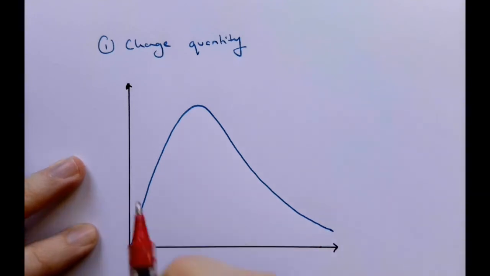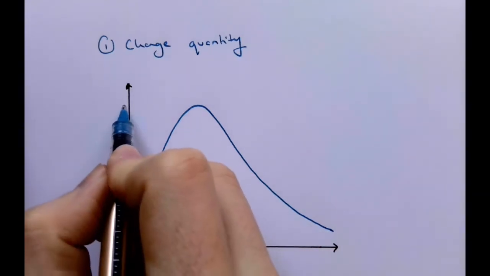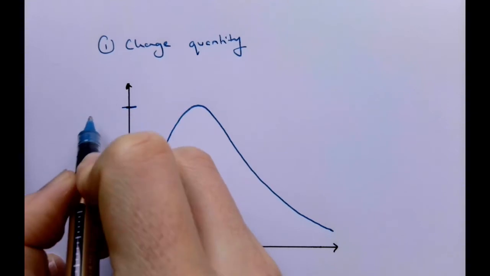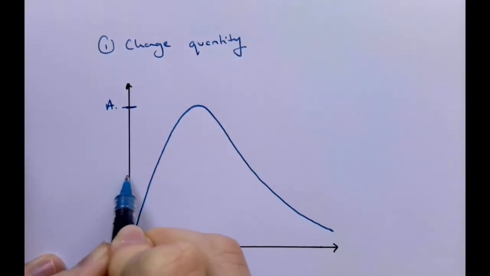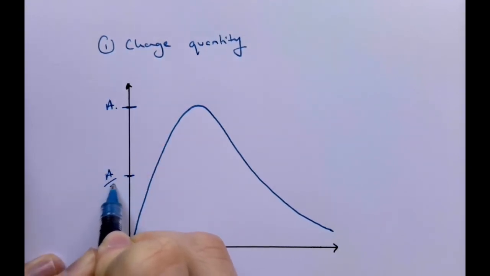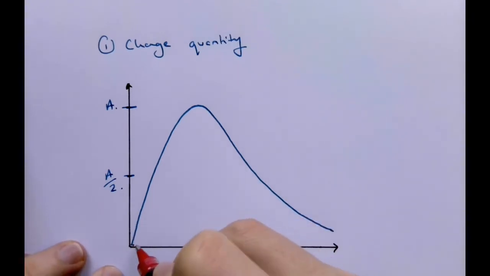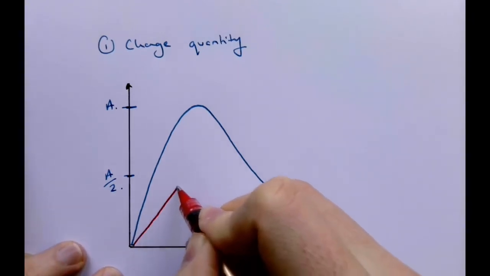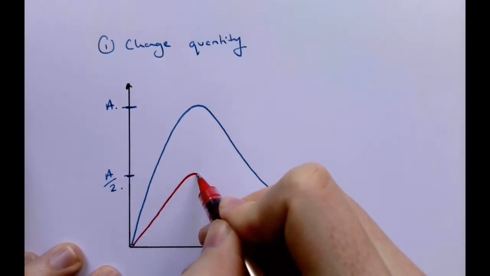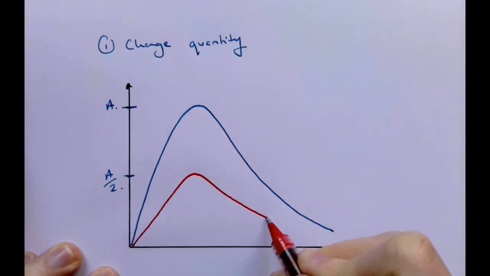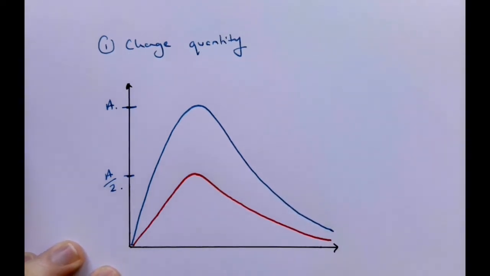So if this value here is, let's call it A, and this value here is A divided by 2, all we're going to have is a curve of the same shape, but it's cut in half.